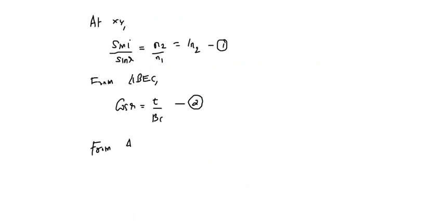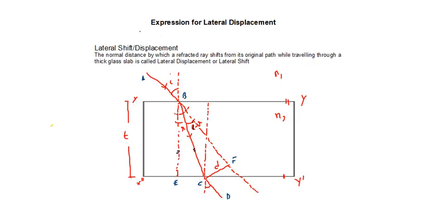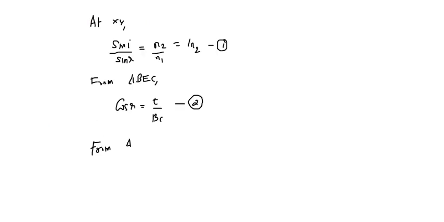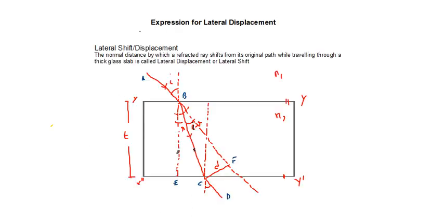from triangle BCD. Sin of I minus R will be equal to perpendicular by hypotenuse.